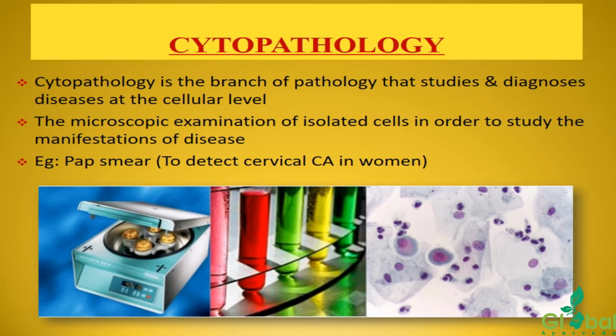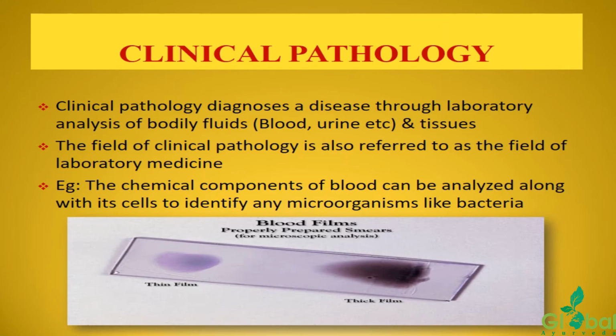Then we give them for further staining procedures, and we find out the exact cause behind this kind of carcinoma, or whether the condition is cervical carcinoma or not. That is the pap smear test, another example of a cytopathological investigation.